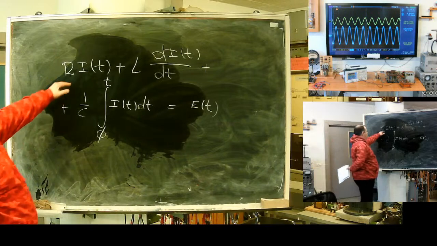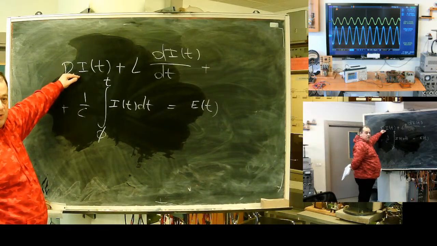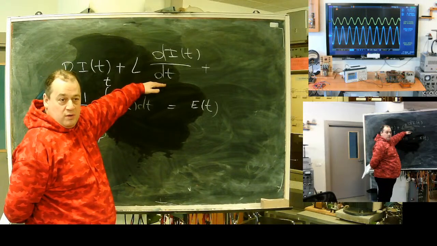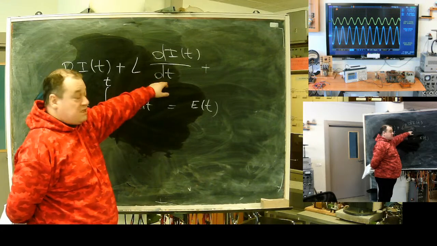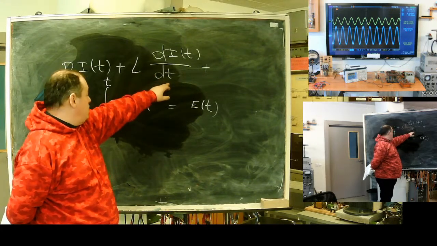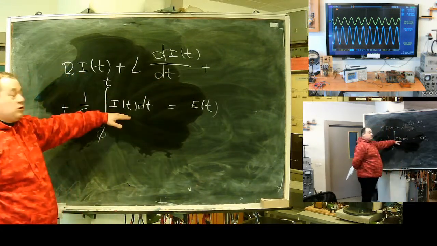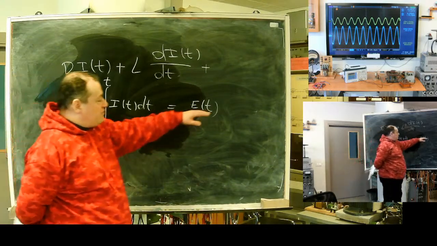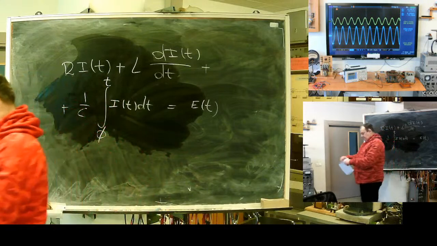Voltage drop on resistor, on active resistance, is proportional to current. Voltage drop on a coil will be inductance multiplied by rate of change, and voltage on capacitor will be sum of all charges. This is equal to the source voltage.